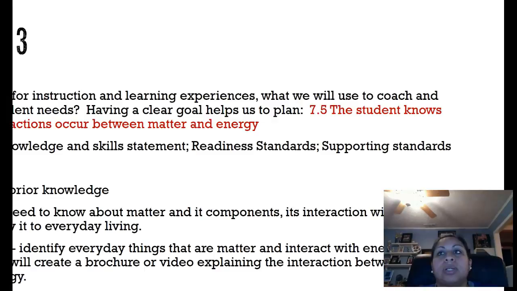We can collaborate with one another and decide which would be the best method to help our students to process matter and energy, that interaction. So once I finish this PowerPoint, I will give you a chance to just brainstorm, and then we'll analyze what is taken down and decide on what would be the best steps.